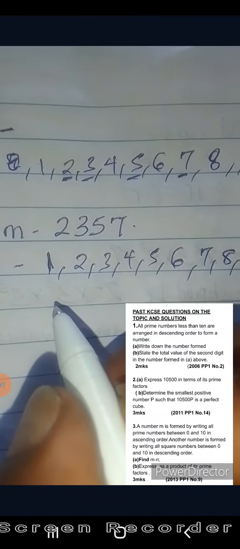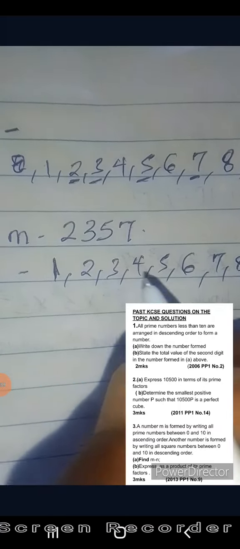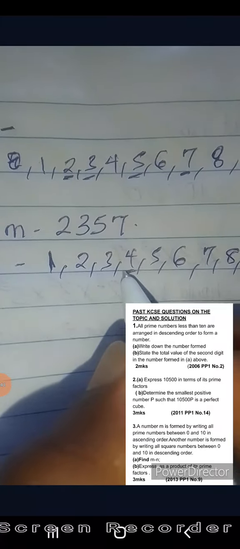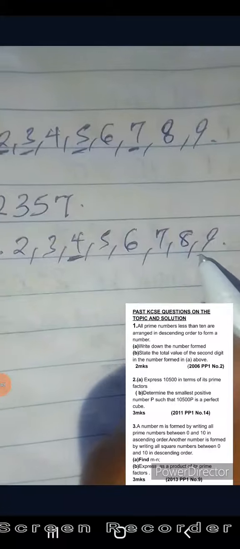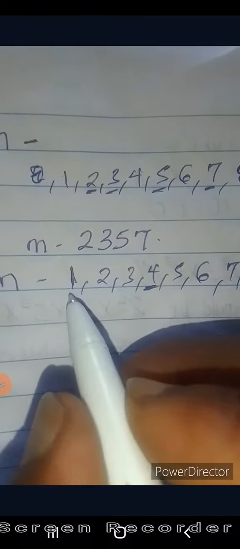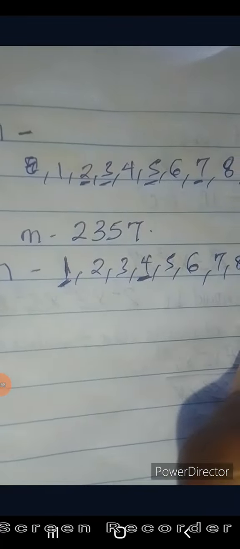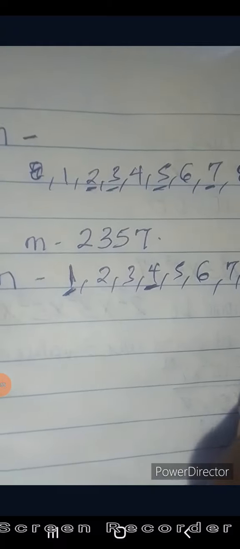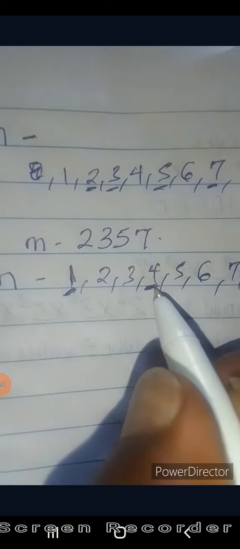And you are being told writing all square numbers. You pick the square numbers, numbers that have square roots, that is 4 and 9. The only two. Oh, also 1. 1 is a square number. The square root of 1 is 1, of 4 is 2, of 9 is 3.